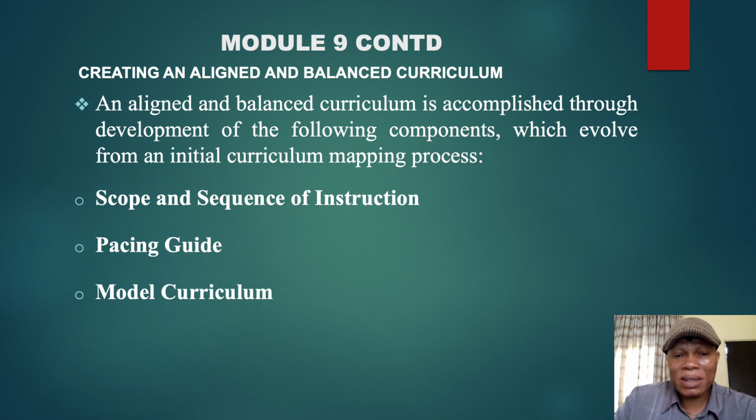They contain the content and skills outlined in the scope and sequence documents for each content area and grade, and present them in sequential or prioritized order by grading period. Thus, pacing guides create a realistic time frame for instruction. They also indicate the appropriate amount of instructional time needed for student mastery.